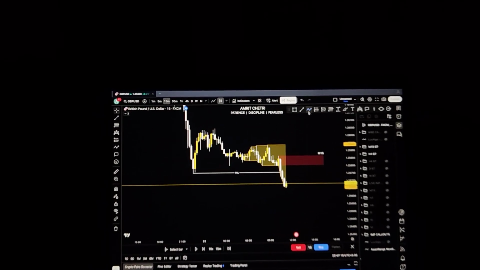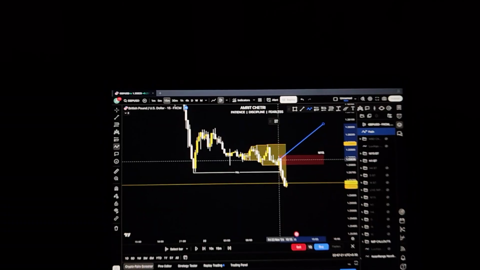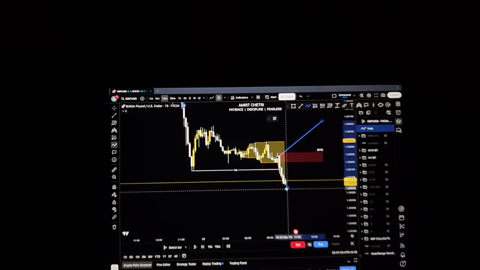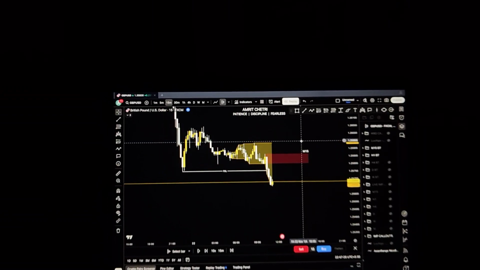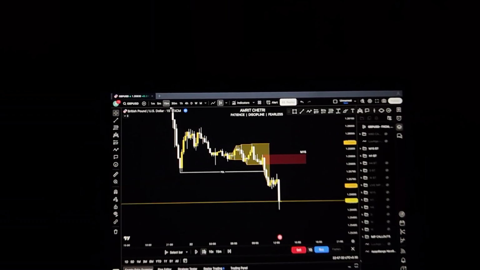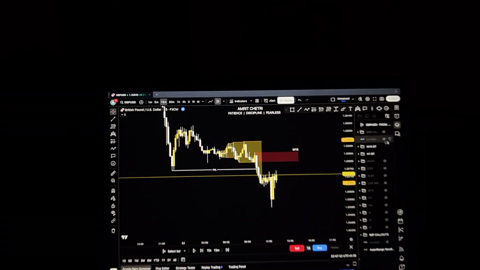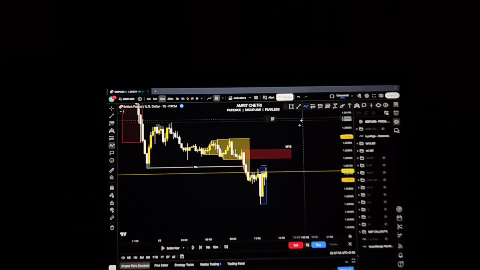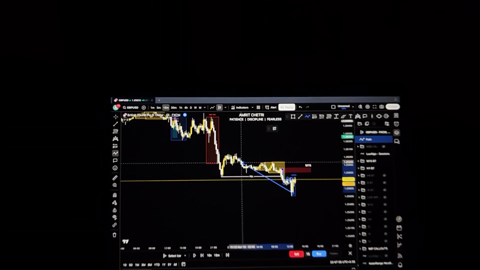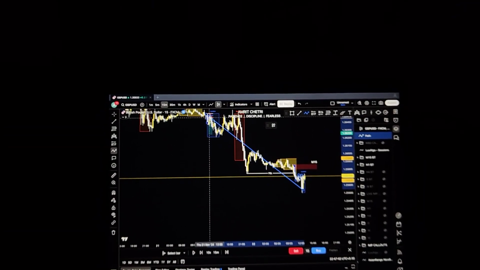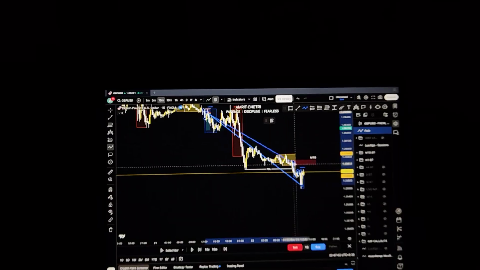There was a beautiful supply zone on the M15 right here, which was made at 10:15 AM Indian Standard Time, which is not our session, but obviously it gave us our move. This was the supply zone I was looking to trade from. That is why I didn't take the same trade I took on Thursday. On Thursday I took this trade because it was looking clear, right?